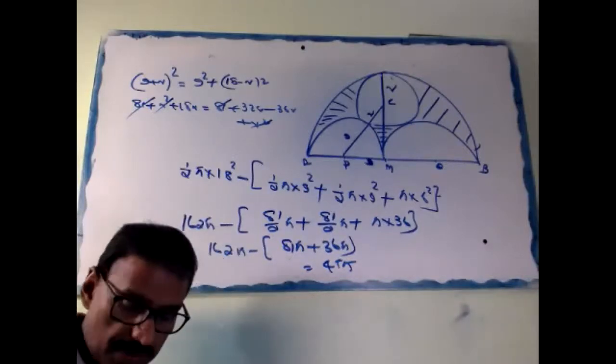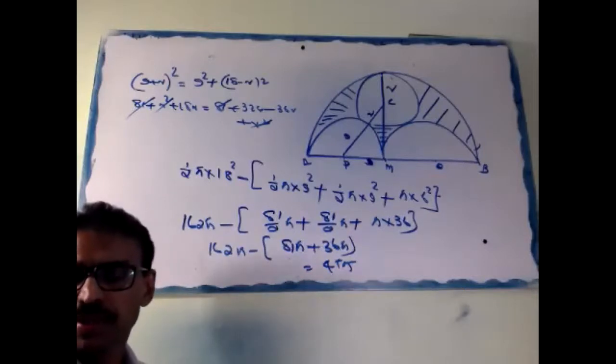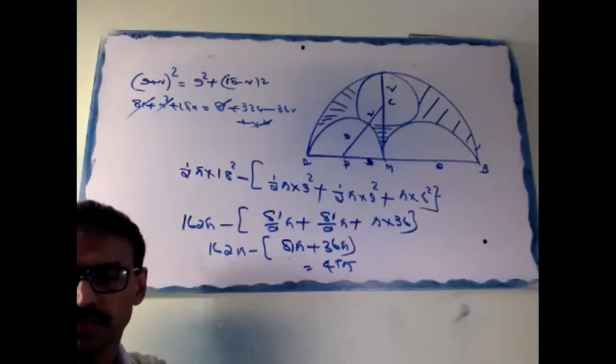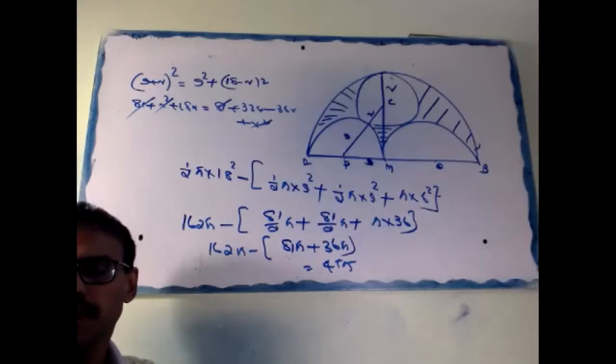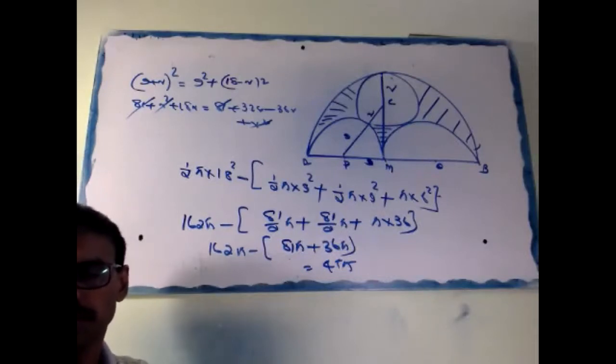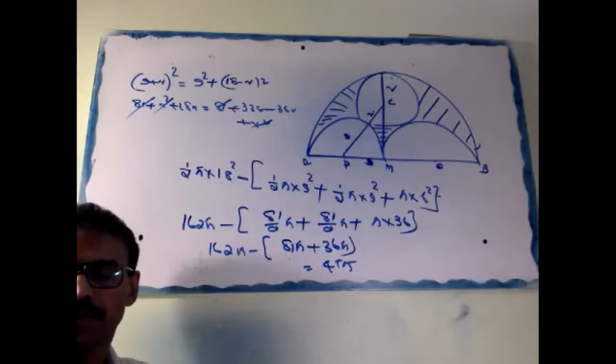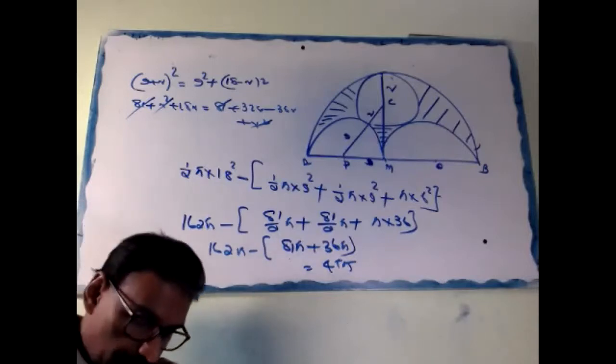If not given, you can use 22 by 7. In the board paper, the pi value will be given. You're supposed to use that only. Final answer is 141.42 centimeter square. Okay, centimeter square. So next one. So clear now, right?